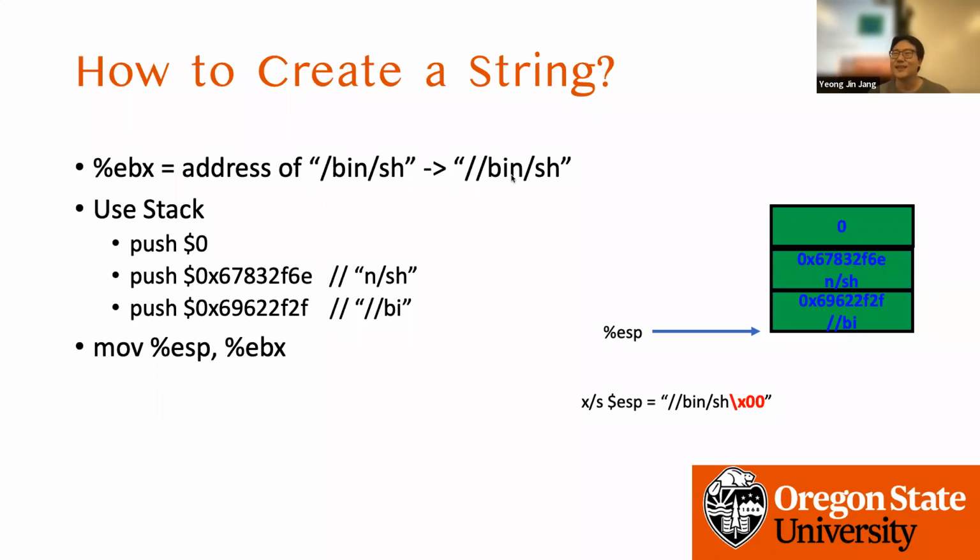The reason is we need to make it 8 bytes, and that's why I just added a slash there. After doing this, we will set the EBX register to the ESP. The reason is we push, push, push, so ESP is actually pointing to this string, and that will fulfill the requirement.